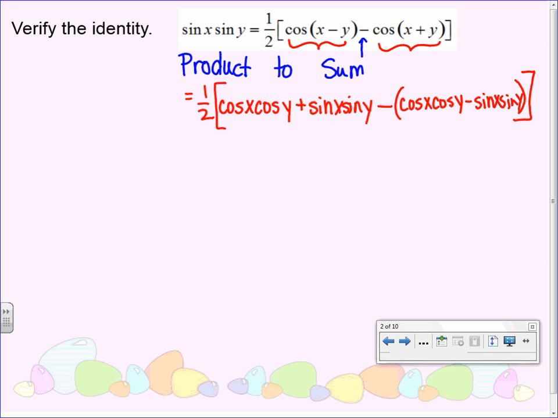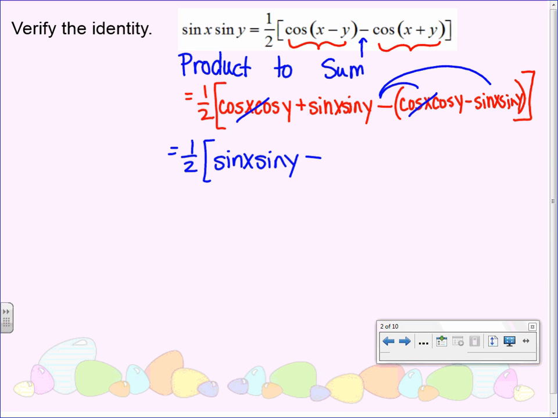Now we're just going to simplify this. If I distribute this negative in, what's going to happen? The cosine x, cosine y's are going to cancel. Agreed? Because you'll have a positive 1 and a negative 1. So then I have 1/2, bring down my bracket, sine x, sine y. What's going to be left in the second parentheses?